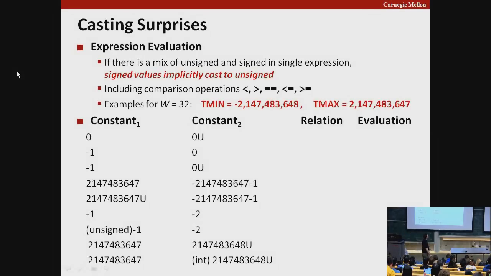If there's a mix of signed and unsigned values in the same expression, one variable is a signed type, another variable is an unsigned type, the signed values are cast to unsigned. So if you have signed plus an unsigned, it automatically takes the signed value, casts it to an unsigned, and then your math proceeds as unsigned arithmetic.